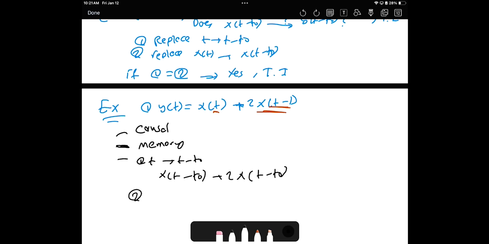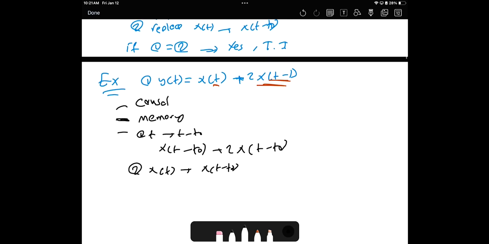Now the next test: replace every x of t by x of t minus t0. It will be x of t minus t0 plus 2x of t minus t0 minus 1.